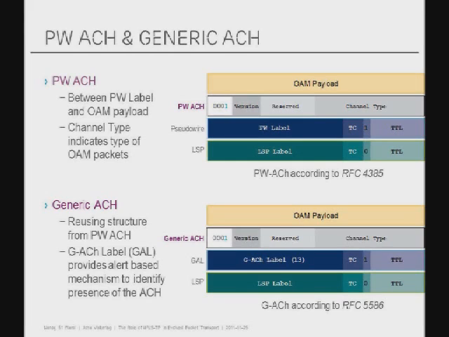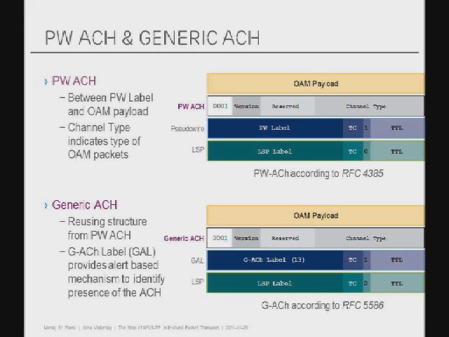So what does this label basically do? When the LSP reaches its endpoint, typically the outer label will be popped. When the outer label is popped, the inner label is exposed to the system. So if the inner label is a GAL label with the value 13, then basically it's being exposed to the control plane of that particular device.